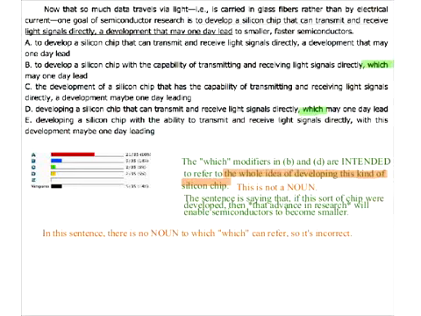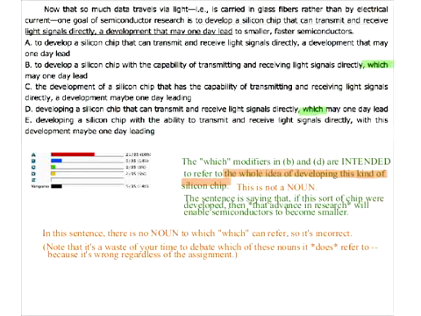So it's incorrect. Another thing about this is that it's a waste of time to try to assign which to a noun, because you know it's wrong. Note that it's a waste of your time to debate which of these nouns it does refer to, because it's wrong regardless. A lot of people do this with pronouns and modifiers.